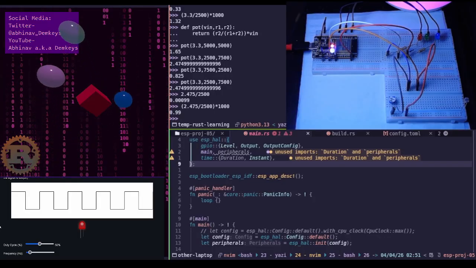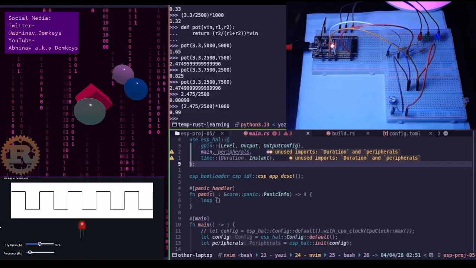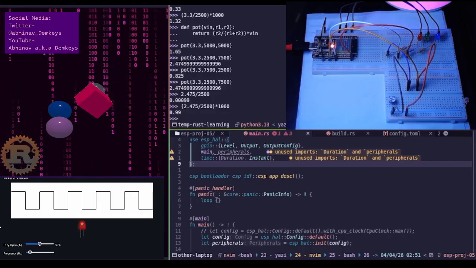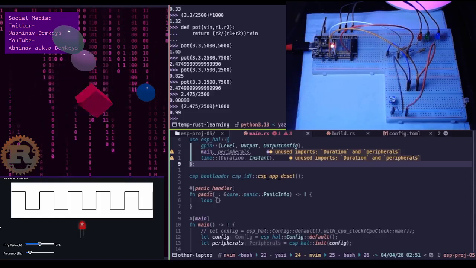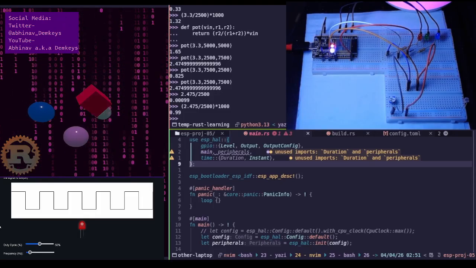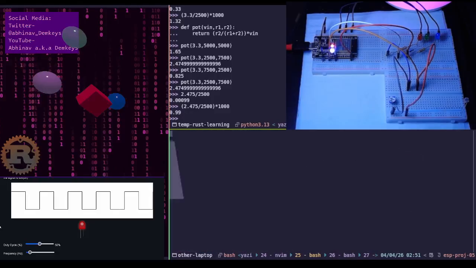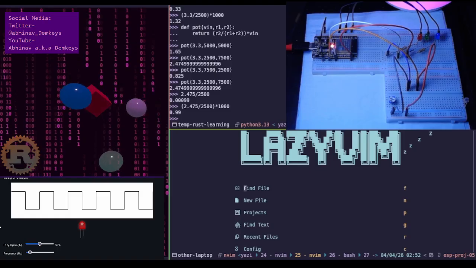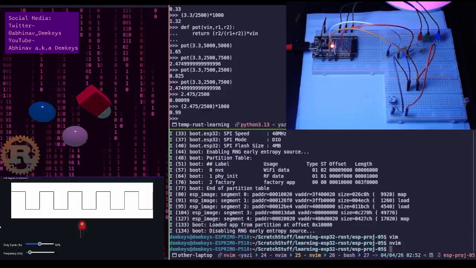Let me open up NeoVim. This is LazyVim. And by default, NeoVim looks nothing like this. It looks basically like this, at least from what I remember. I could be wrong. I don't think I'm wrong though. Pretty sure it looks like this.